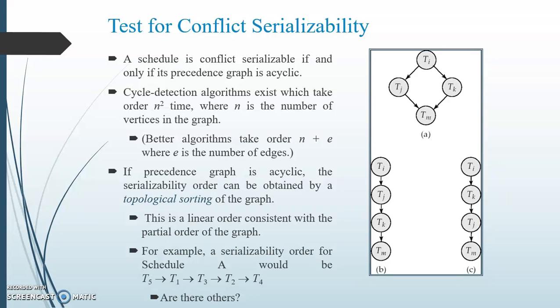In the diagram given in this slide, if A is a precedence graph, from it we can derive various topological orders. The first topological order that can be derived from A is given in diagram B, and the other topological order that can be taken from A is given in figure C.